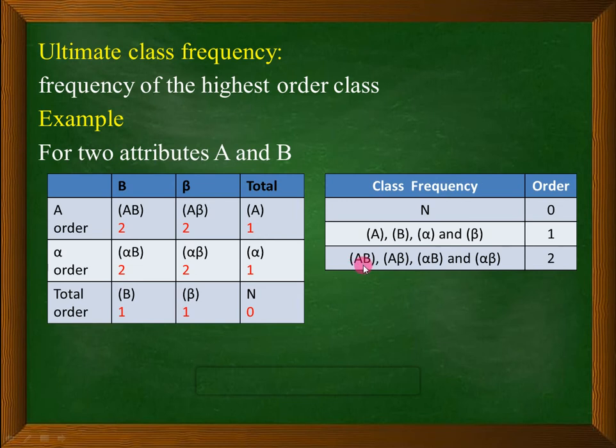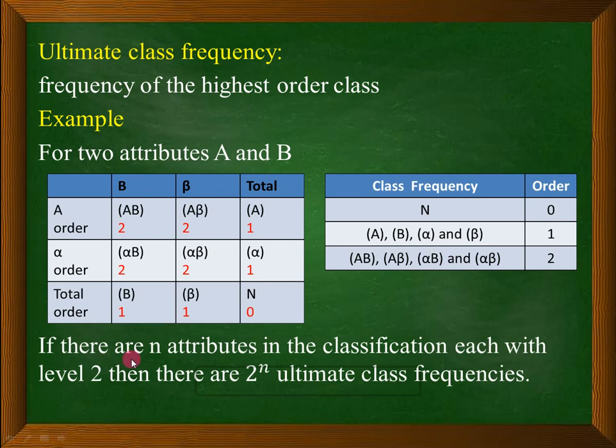Order of frequency AB, frequency A beta, frequency alpha B and frequency alpha beta is 2. So, these classes are having highest order. So, frequency of these classes is ultimate class frequency. If there are n attributes in the classification, each with level 2, then there are 2 raised to n ultimate class frequencies. Here n is equal to 2, so 2 raised to 2 is equal to 4. So in this case we have 4 ultimate class frequencies.